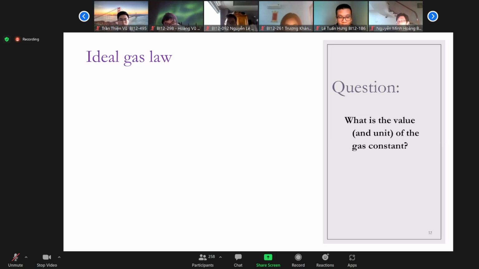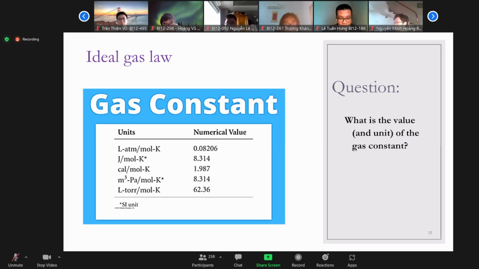In your equation, the left side should have the same dimension as the right side. Here for the gas constant, even though we call it a gas constant, it has different values. Why? Because you can consider different units.